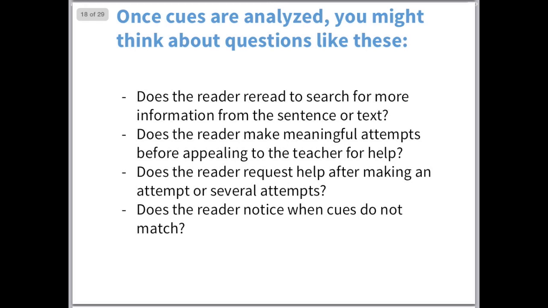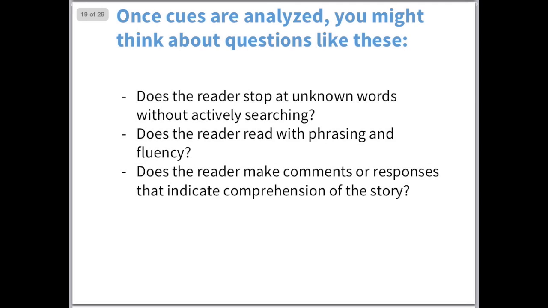Does the reader make meaningful attempts before appealing to the teacher for help? Does the reader request help after making an attempt or several attempts? Does the reader notice when cues do not match? Does the reader stop at unknown words without actively searching? Does the reader read with phrasing and fluency? Does the reader make comments or responses that indicate comprehension of the story?